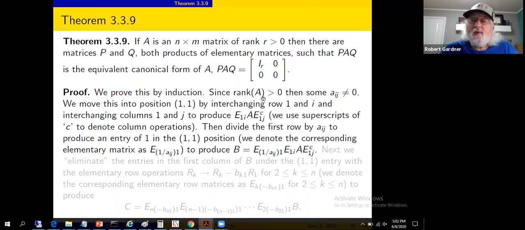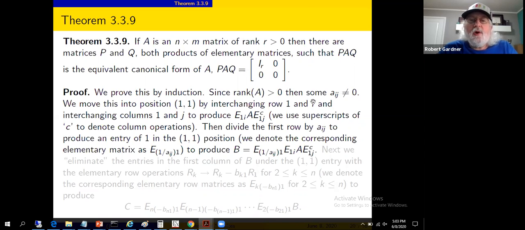First, the rank of A is greater than 0, so one of its entries is non-zero. The only time we get rank 0 is when we get the 0 matrix. So there's some non-zero entry out there, call it A sub ij. We're going to do some interchanging of rows and columns to get this thing in the desired form.